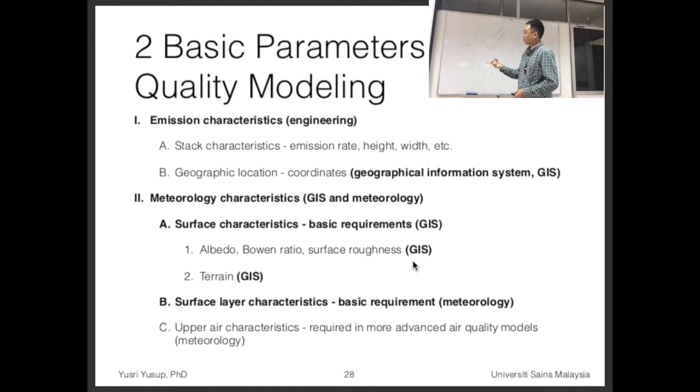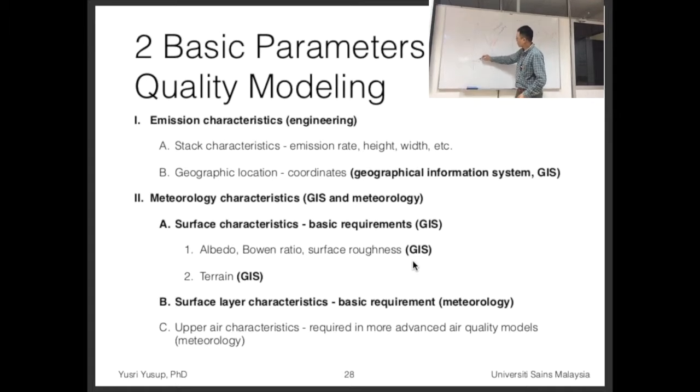And the last surface characteristic is surface roughness. So, if the surface is smooth, then you can see the wind profile to be like so. Somewhere at the bottom here, the wind speed is 0 at the surface, but as it goes up, it becomes larger and larger. But if on the surface there are buildings or trees, it becomes rougher.